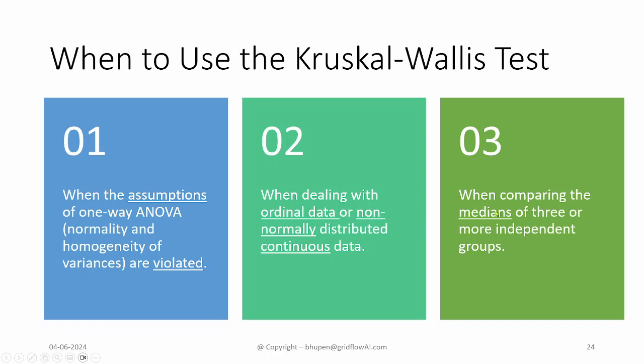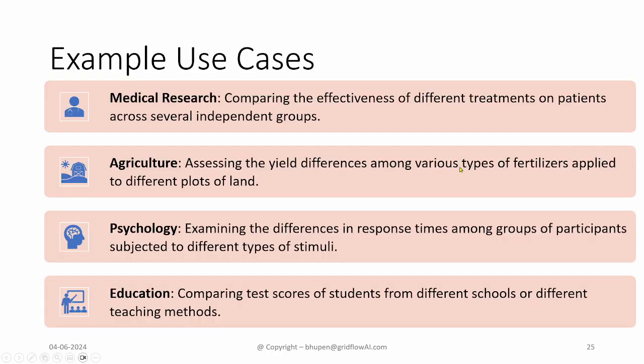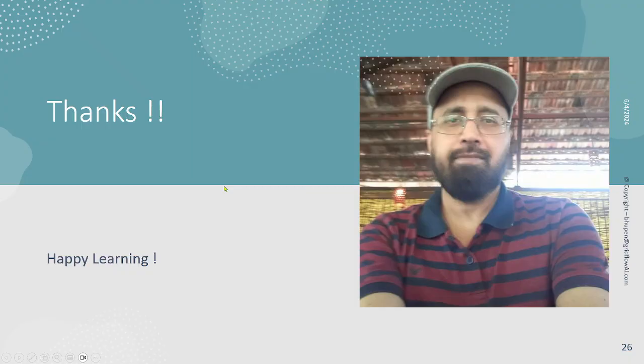So essentially it's about comparing the means of three or more independent groups. Why three or more, not means, sorry, medians. And the reason is median because this is a non-parametric type of inferential technique, and quite popular in medical research and agriculture and psychology and education. A lot of use cases where you have implemented the non-parametric version of ANOVA.